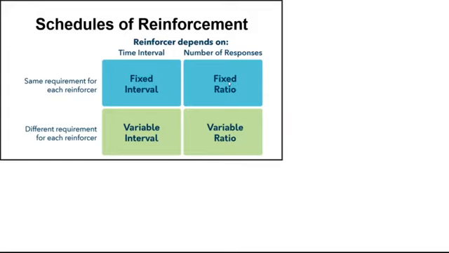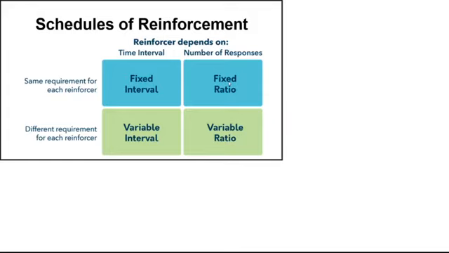So variable ratio is 10 lever presses plus or minus whatever number, 2 or 4 or whatever. So if we introduce a range or that variability, we're looking at variables. If it's a single time or number, that's going to be fixed. And if we talk about time, it's interval. If we talk about just quantity or number, then it's ratio.